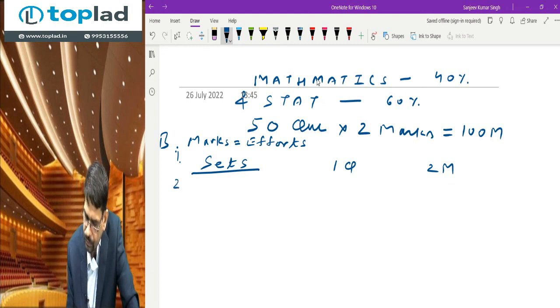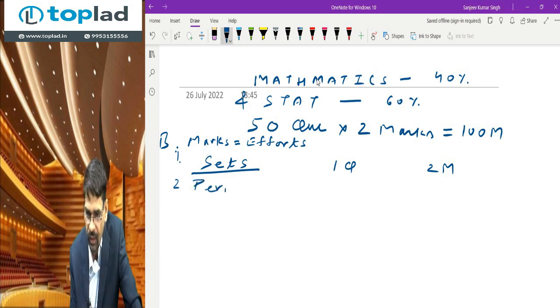And the second chapter, which some students feel is very tough, is Permutation and Combination.